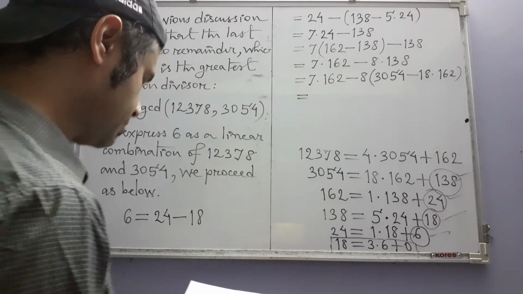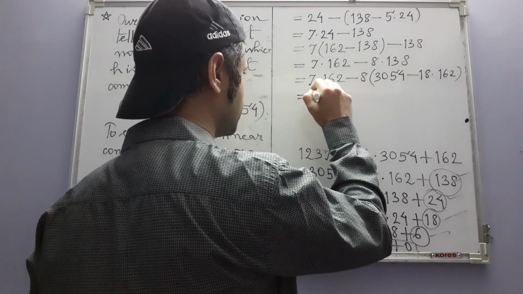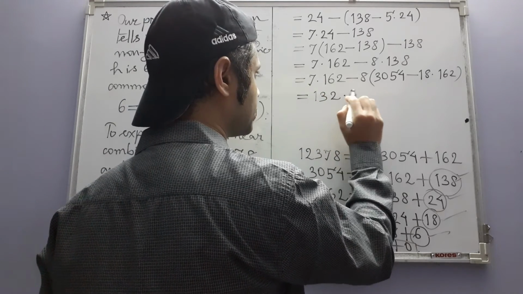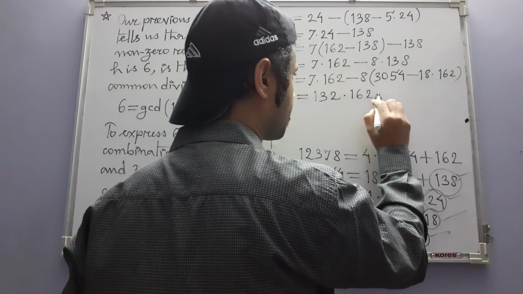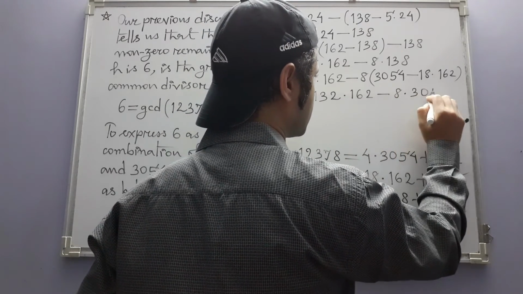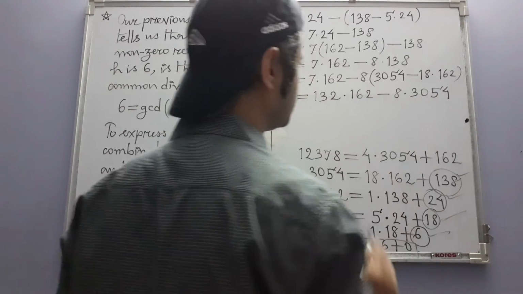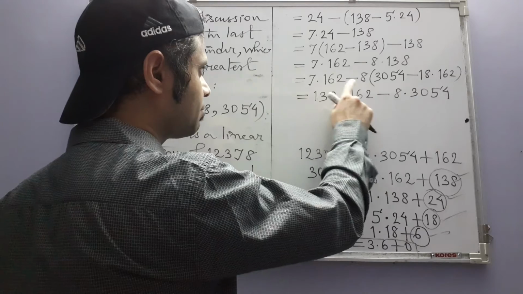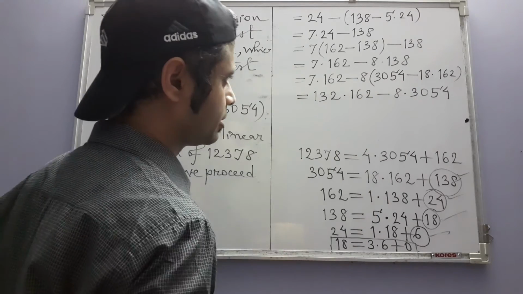Since I have the things written here for me, so it will become 132 times 162 minus 8 times 3054. Okay, so 7 plus 8 times 18 is 132.